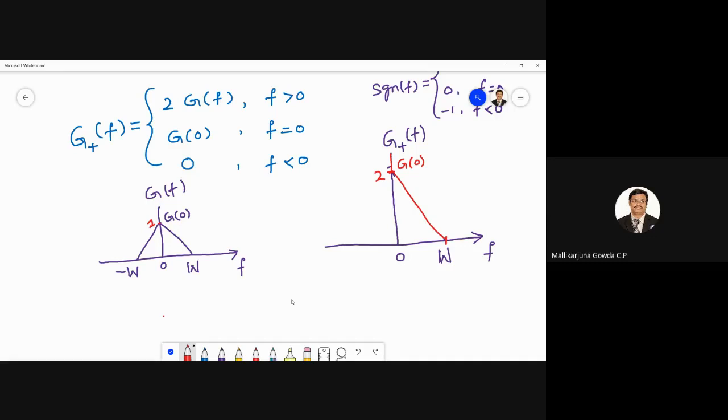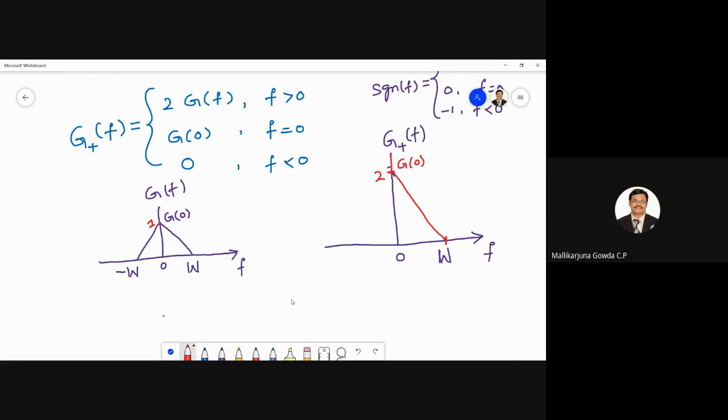So the pre-envelope of a signal has two parts: a real part and an imaginary part. How do I interpret that? The real part will be the signal g of t, and the imaginary part will be the Hilbert transform of the signal g of t.